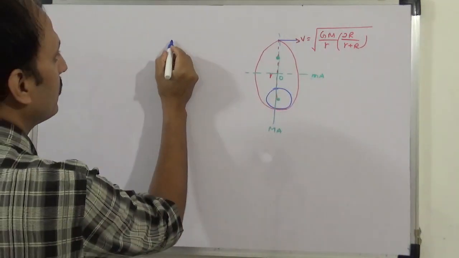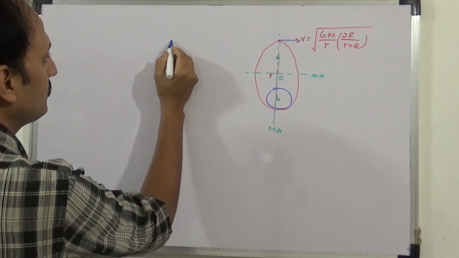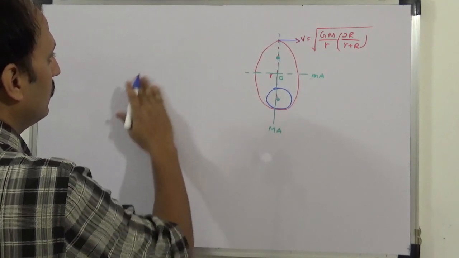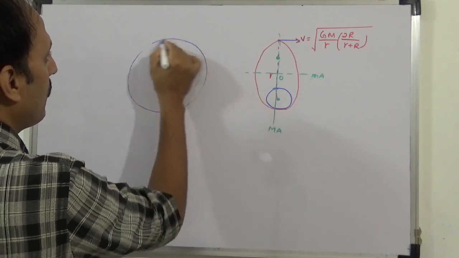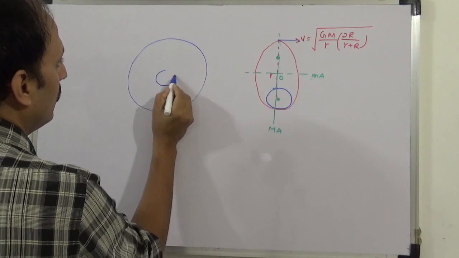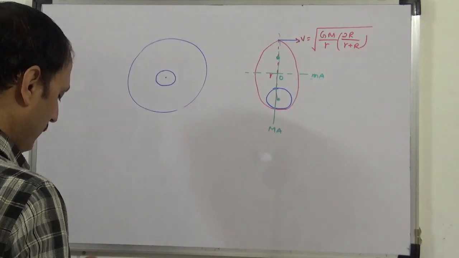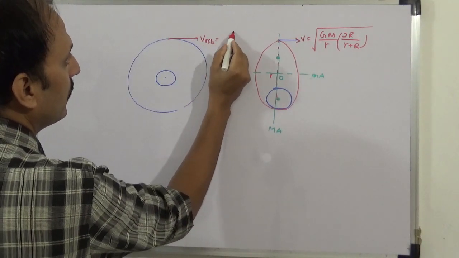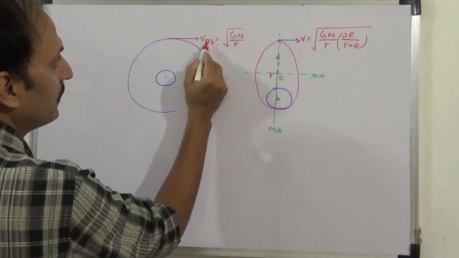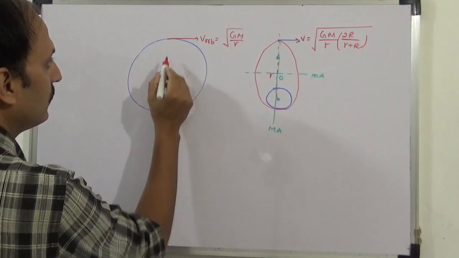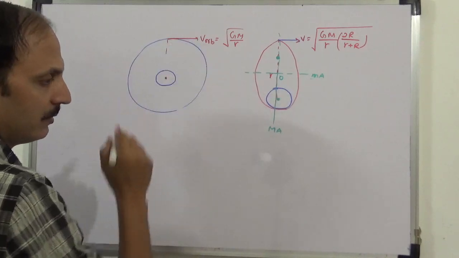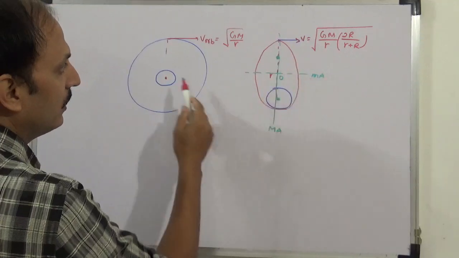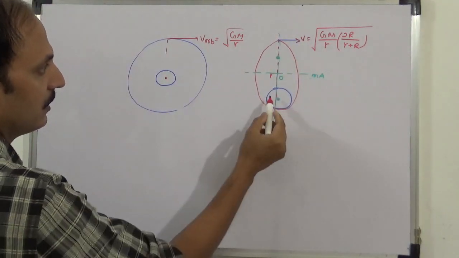Let's say this is v orbital, and that we have seen is root of GM by r. So when you are sending with this velocity, it is going to execute a circular path around the earth. Between this and this velocity, it will execute the elliptical motion.